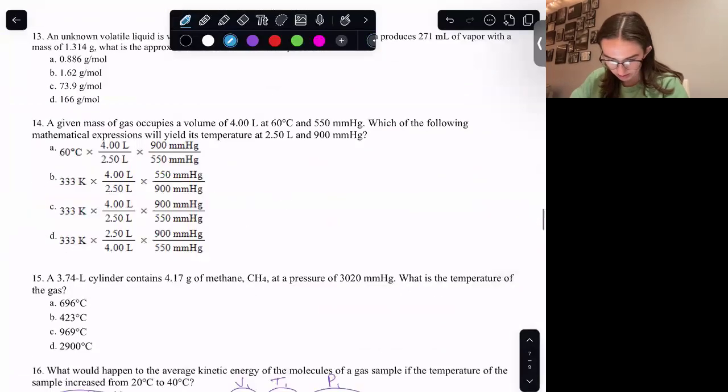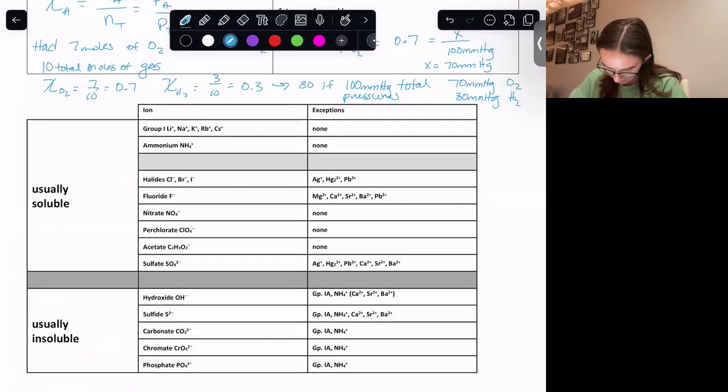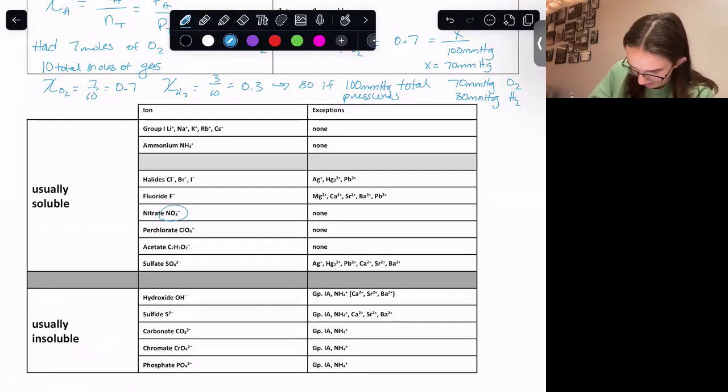Where's the formula sheet? You are given nitrate, chlorate, and sulfate on your solubility chart. So you just need HNO3, HClO4, and H2SO4.